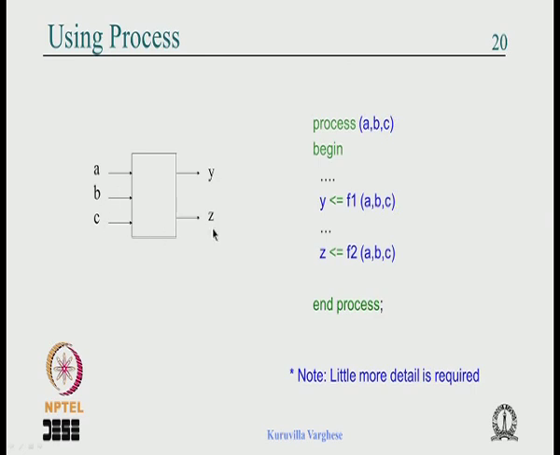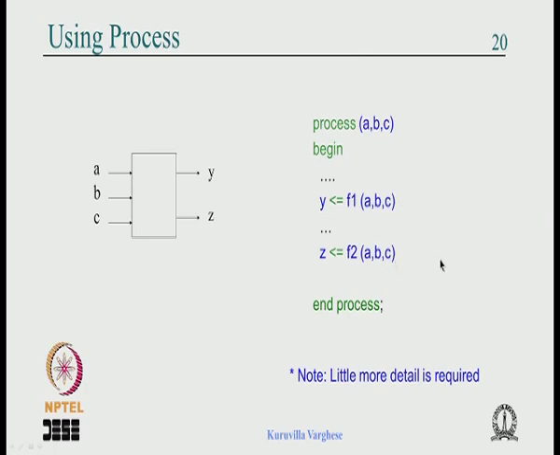So don't worry too much about the terminology like process and behavioral and things like that. It is nothing. You have a block, you have some inputs, write the input in the sensitivity list, use if, case, for loops and all to describe the behavior and assign the output from the input, and we will see how to do that.